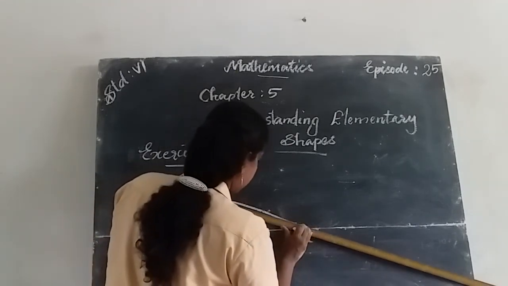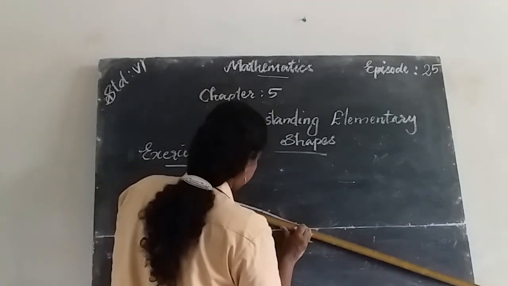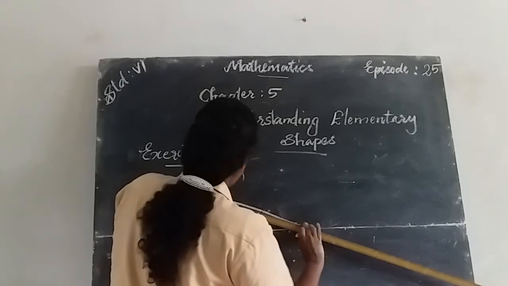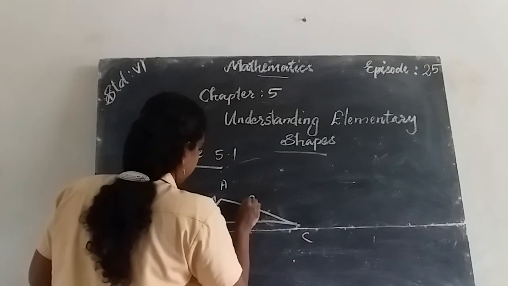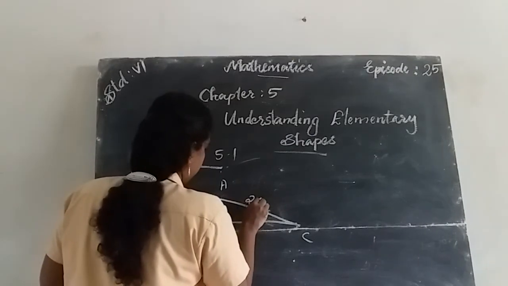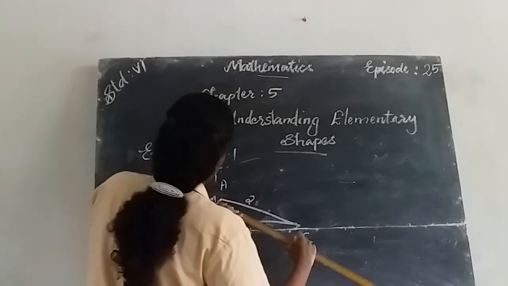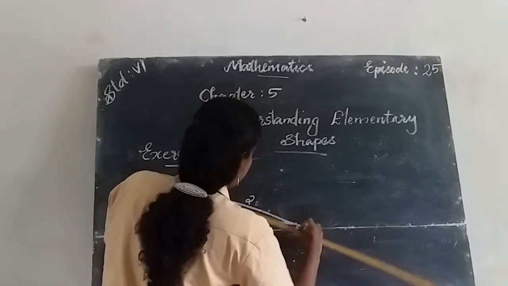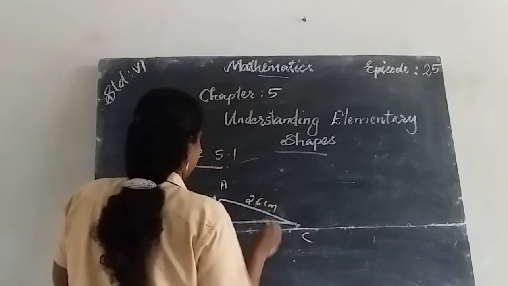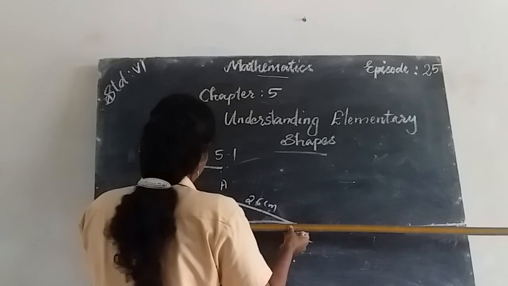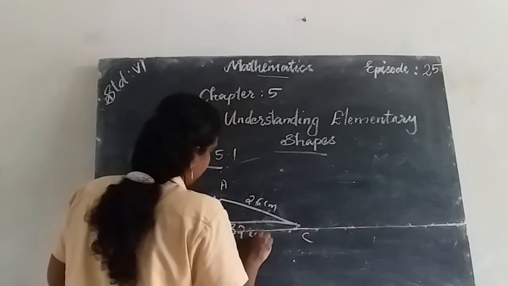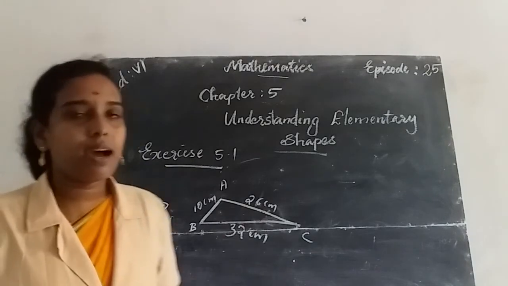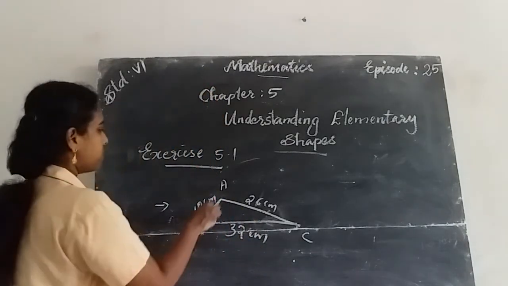And here this angle measures, and this angle, and this is 26 centimeter, and here it measures 32 centimeter. Okay, like this you draw any 5 triangles and measure the length of each of their sides.